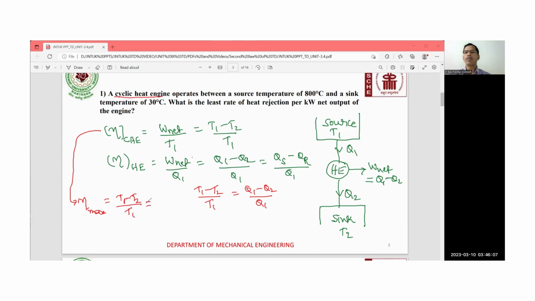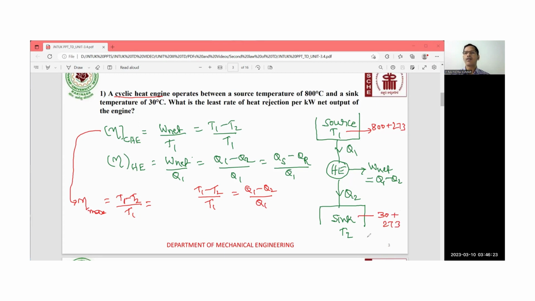The source temperature is 800 plus 273, and the sink is 30 plus 273.